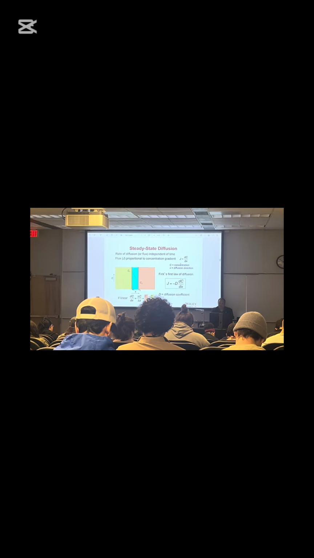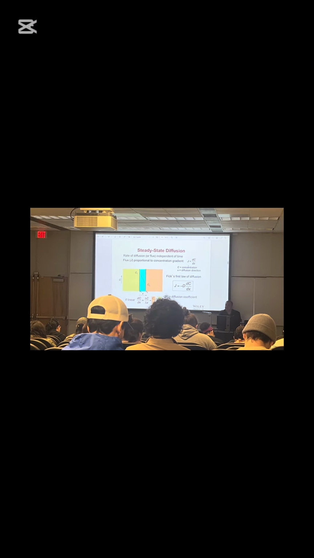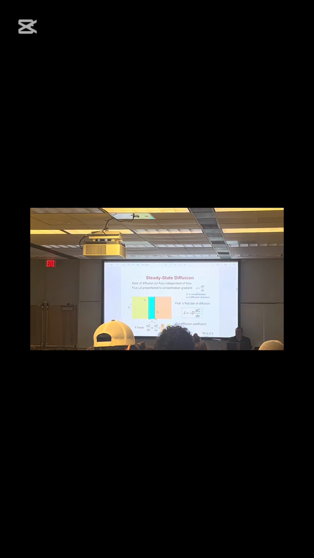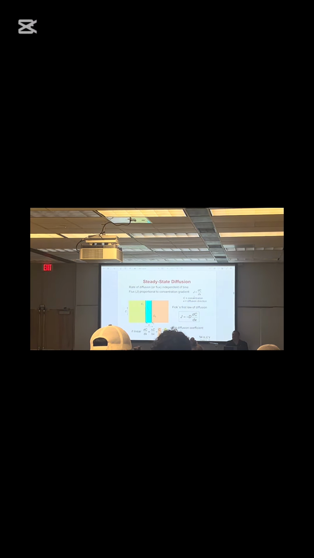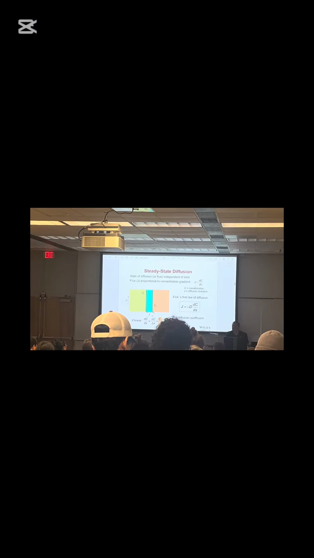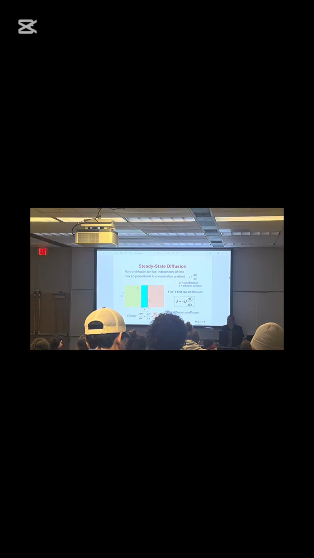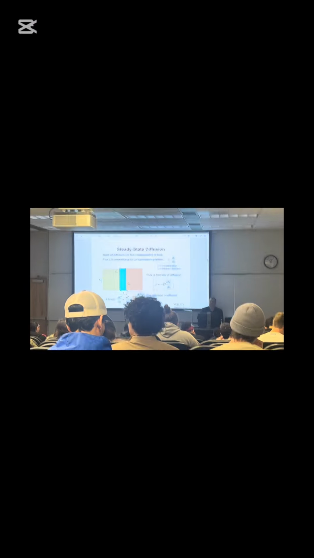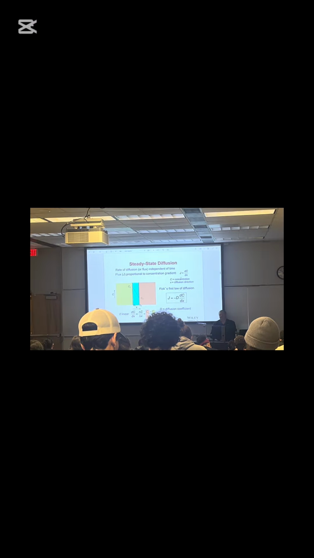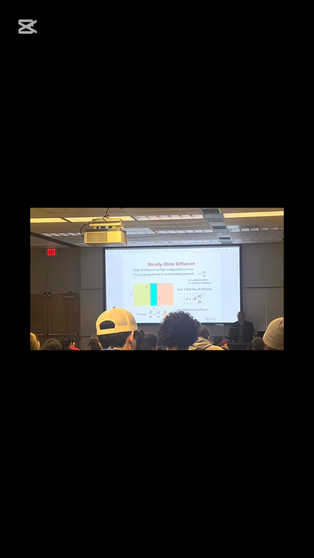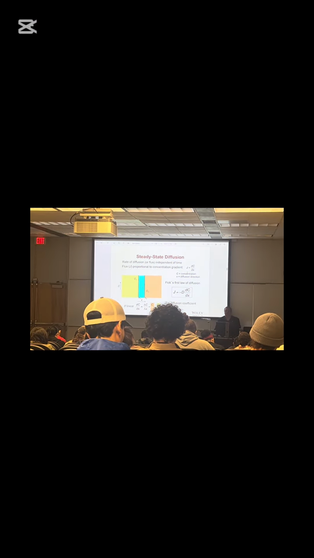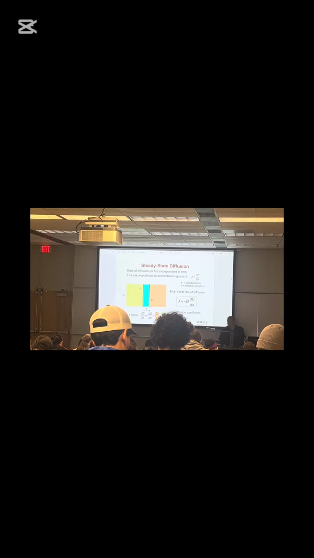And the first type of diffusion is called steady state diffusion. And steady state diffusion means that the species are continuously supplied to the site where the diffusion occurs.